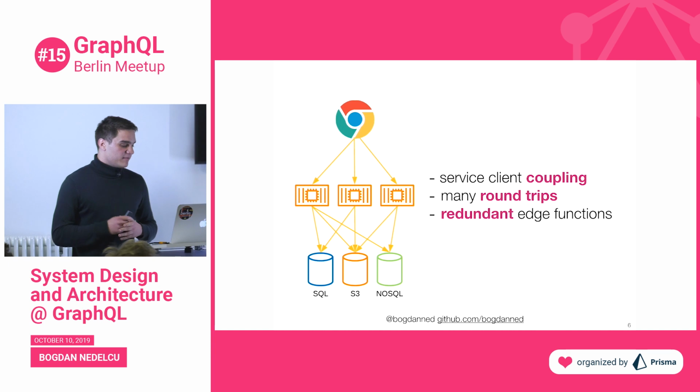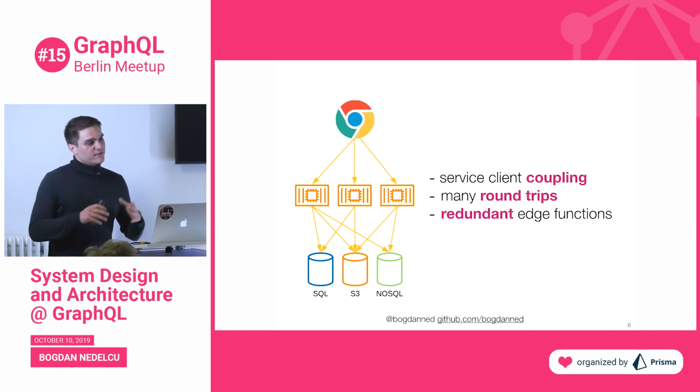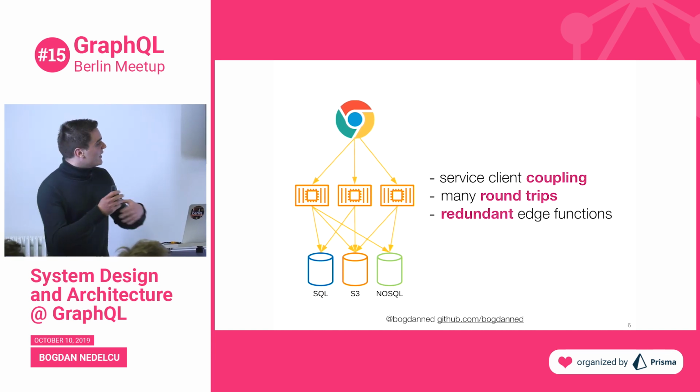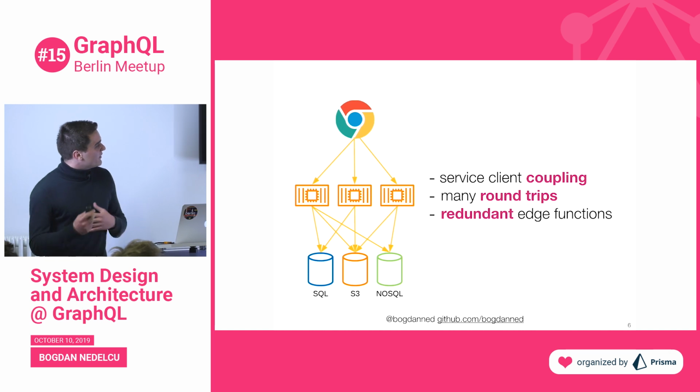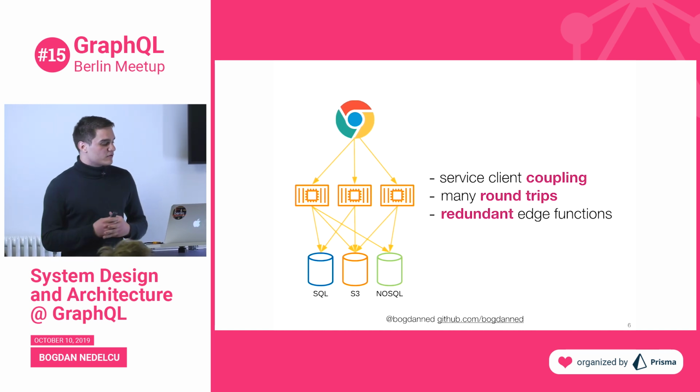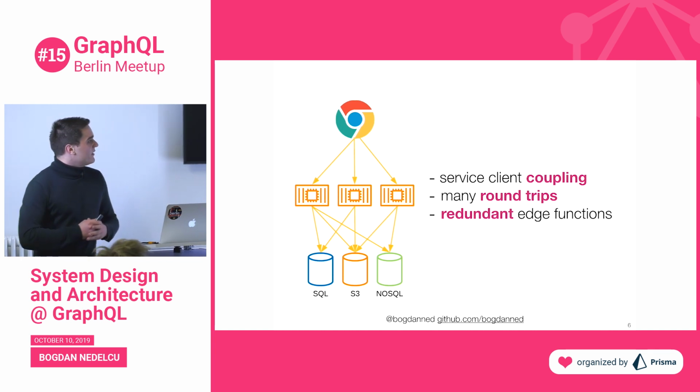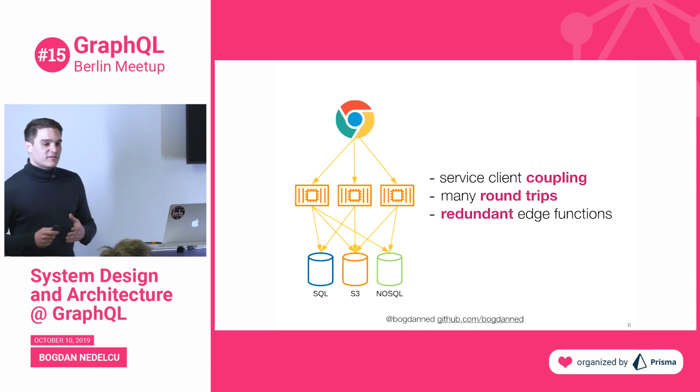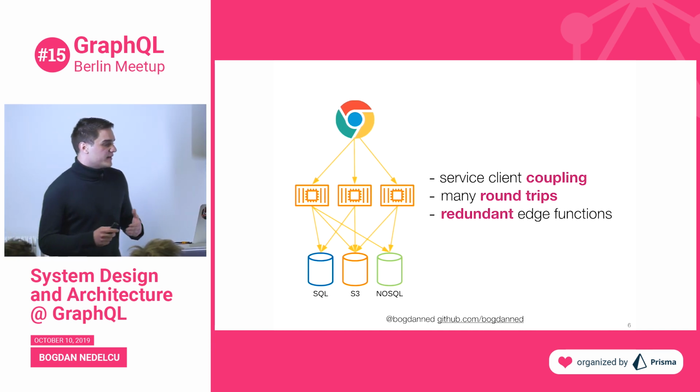They can share databases, or have their individual database. The client is making requests and is developed against those microservices, which leads to service-client coupling, too many round trips, too much data usage, and redundant edge functions.